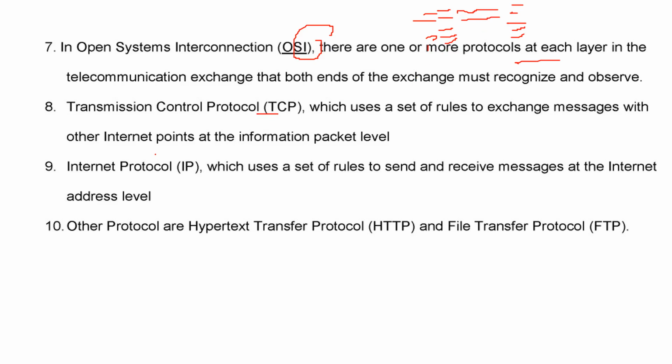Transmission Control Protocol and IP, TCP/IP: TCP uses a set of rules to exchange messages with other internet points at the information packet level, and Internet Protocol uses a set of rules to send and receive messages at the internet address level. So this is the information packet level, this is the internet address level. There are other protocols as well, HTTP and FTP, Hypertext Transfer Protocol and File Transfer Protocol.